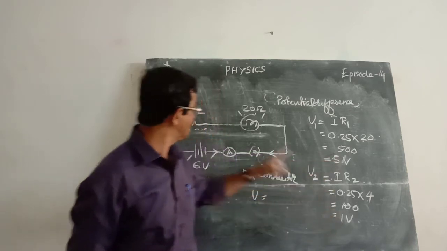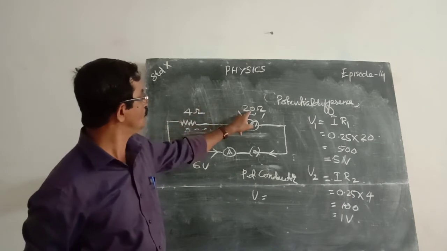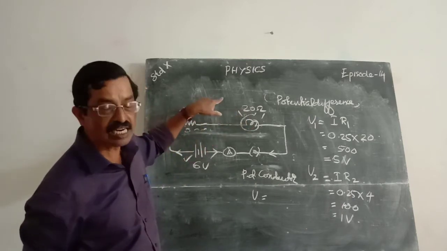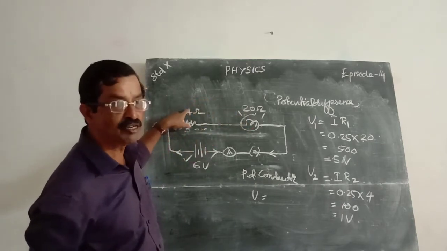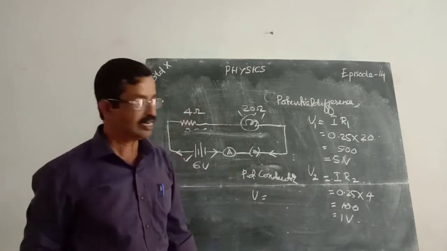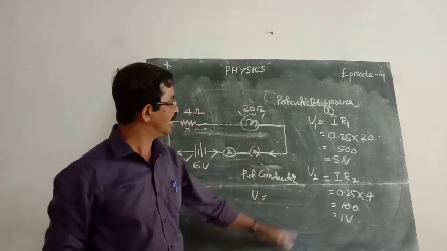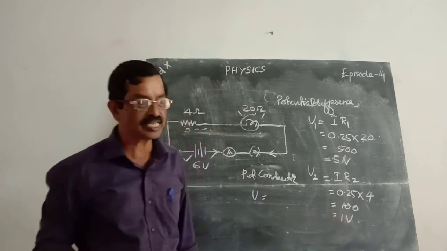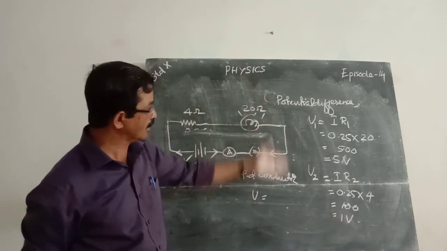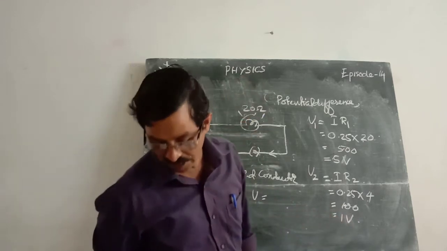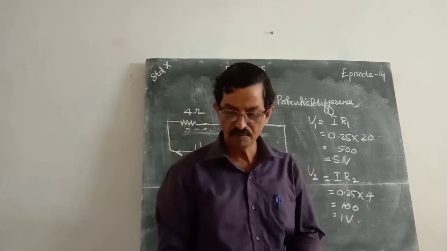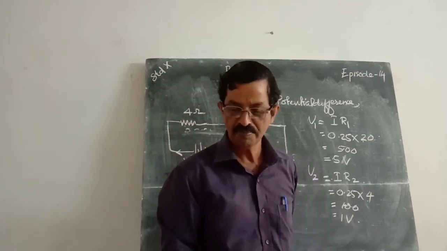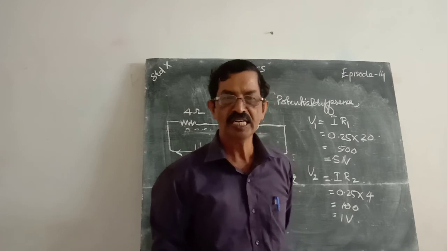If we replace this 4 ohm and 20 ohm with another single resistor of 24 ohm, then also the current will be the same, and the potential here will also be the same. Now we got the answers to the 3 questions. First we got the total resistance.